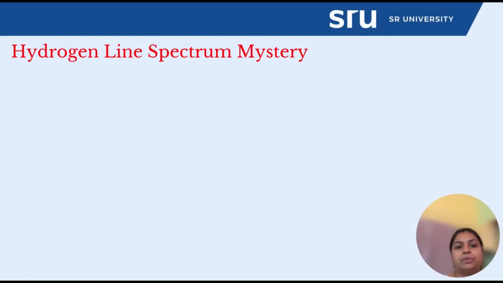Now we'll explore the hydrogen line spectral mystery. Basically, this is one of the fundamental mysteries that challenged classical physics and paved the way for quantum theory: the hydrogen line spectra. Despite being the simplest atom, hydrogen exposes deep flaws in classical physics.